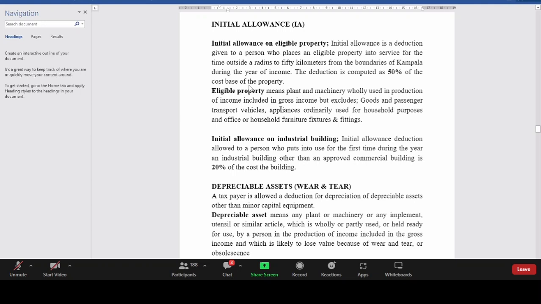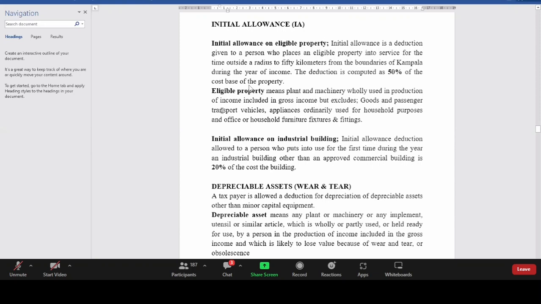Eligible property, they are saying, means plant and machinery wholly used in production of income, including gross income, but excludes goods and passenger vehicles, and appliances ordinarily used for household purposes. All household appliances are not considered.